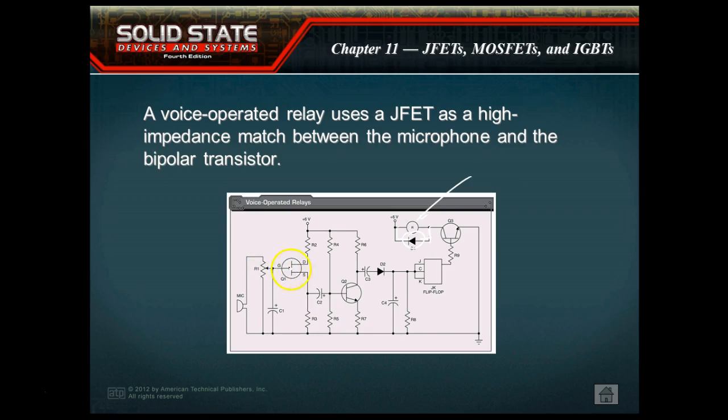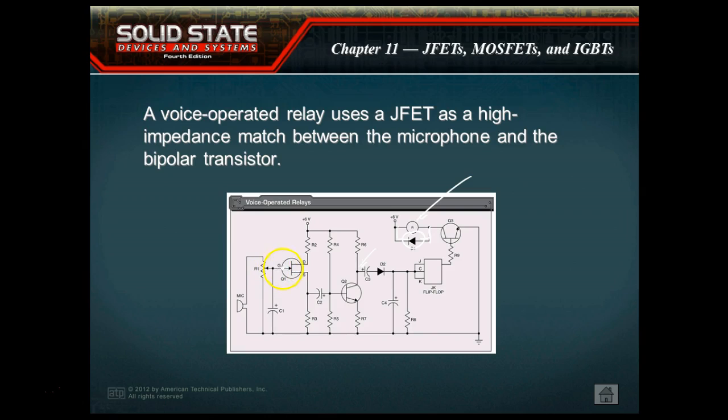This would be just a volume control, it looks like. We take the output of this. They're using this common, the output is actually coming off the source. So this would be common source. And then we come over here, we're taking output off the collector here. So this would be a common collector. What we're doing is we don't want to get a voltage gain off the microphone.